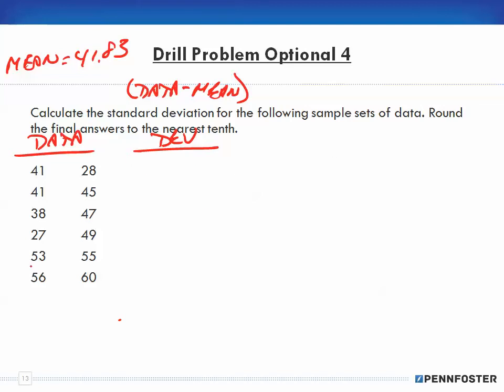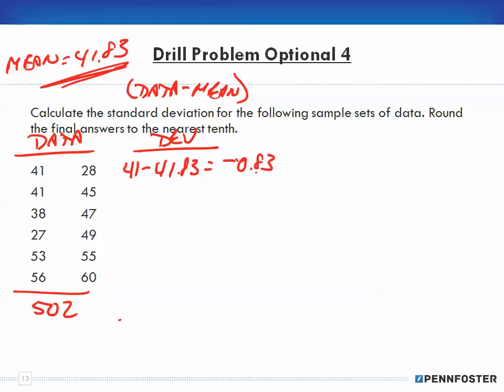So for example, all of this data ended up being 502. You should be able to add all of those up, divide by 12, and end up with a mean of 41.83. So now I take each data point, so 41 minus 41.83, and that means I end up with a minus 0.83.